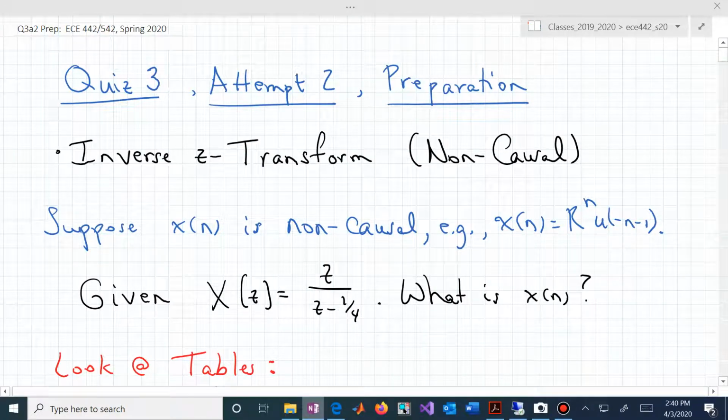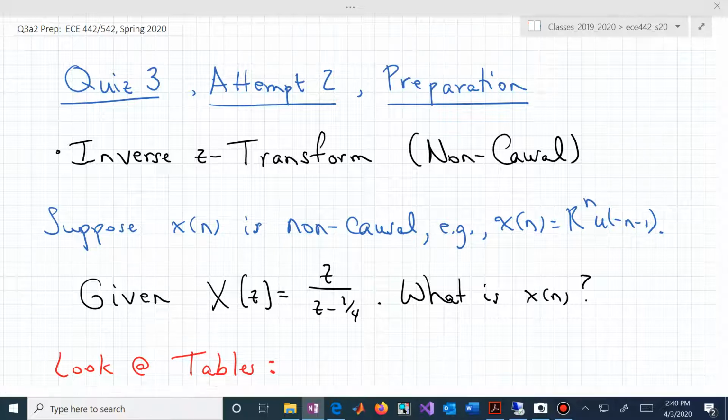For example, the one that tripped a lot of people up, I'm entitling Inverse Z Transform for a Non-Causal Sequence. Let's suppose that x of n is non-causal. For example, x of n looks like r raised to the n u of minus n minus 1.